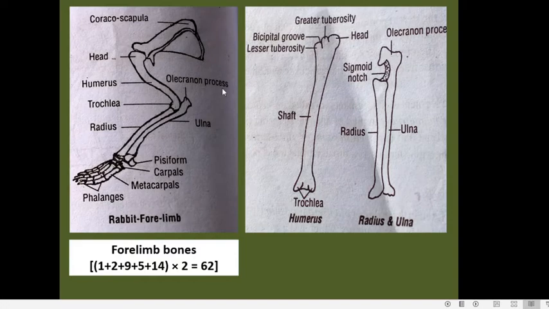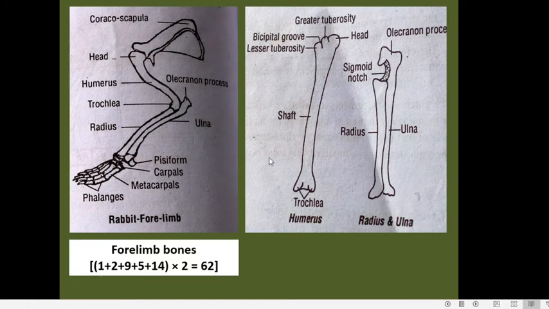So here also you can see the olecranon process which is projecting from the ulna. So here you can see the trochlea of the humerus fits into the sigmoid notch of the ulna, making the elbow joint which is like a hinge, and this is the olecranon process which is characteristic of the ulna.